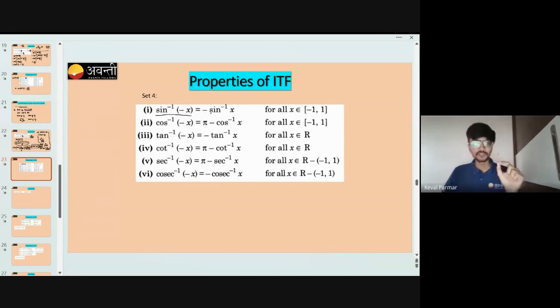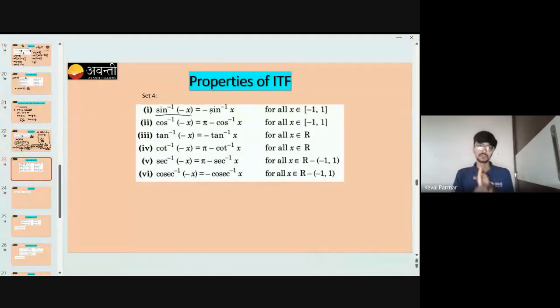Now in inverse trigonometry, we had divided domains and principal value range into two parts. For sine inverse, cosec inverse, and tan inverse, the PVR, principal value range, is from minus pi by 2 to pi by 2, meaning first and fourth quadrant.